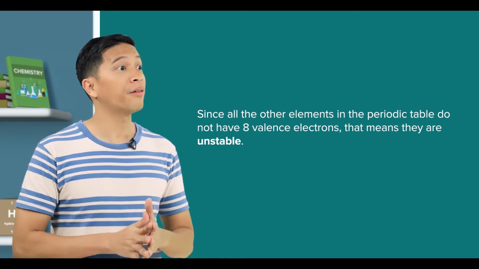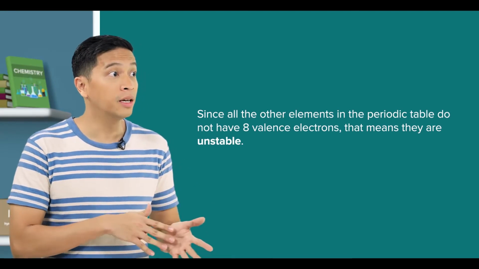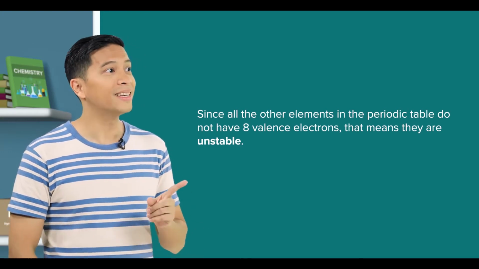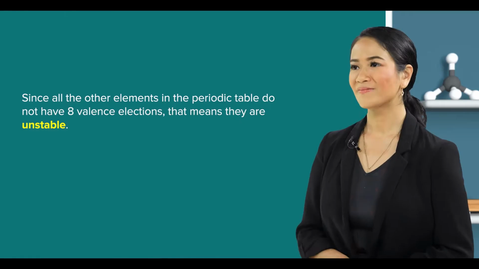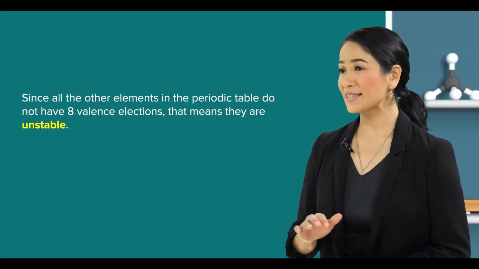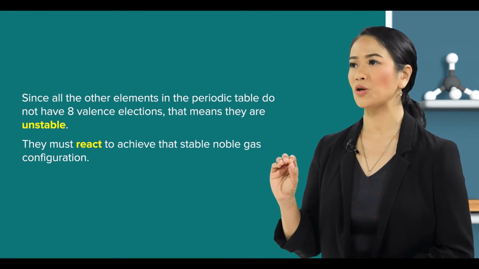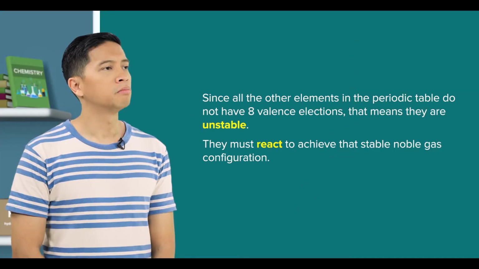Correct again. So, since all the other elements in the periodic table do not have 8 valence electrons, that means they are unstable. Yes, and because they are unstable, they must react to achieve that stable noble gas configuration.